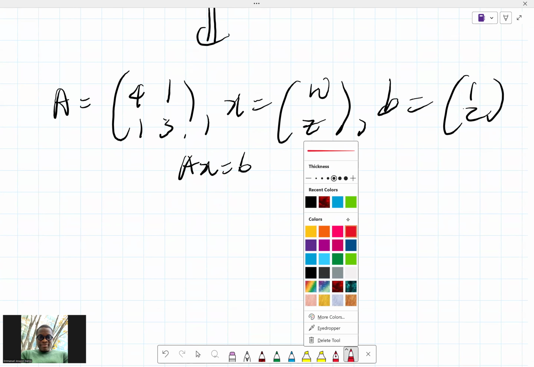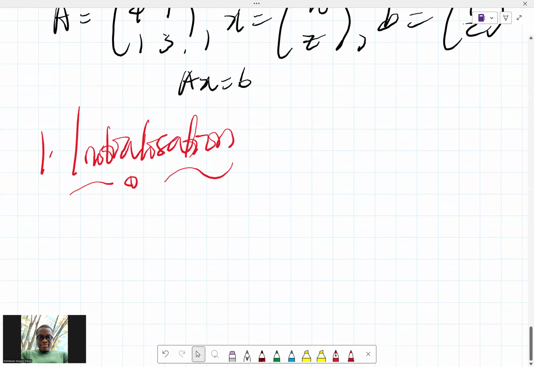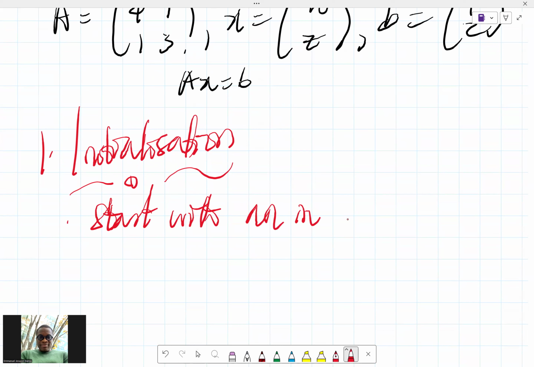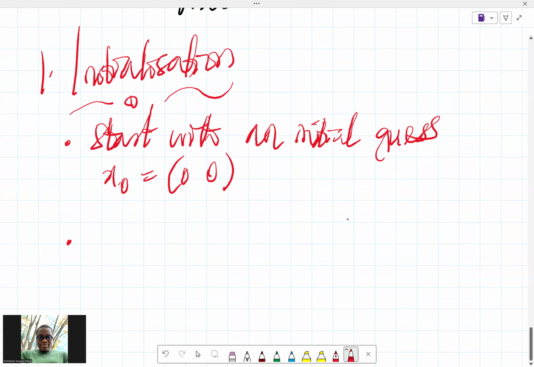Let's start with the first one, initialization. Start with an initial guess, X naught equals 0, 0. Once we've done that, we compute the residual.